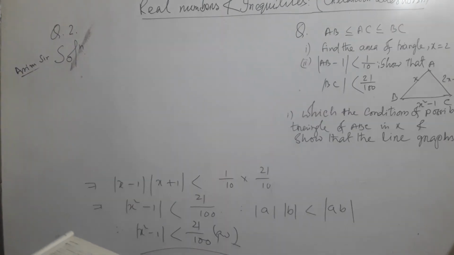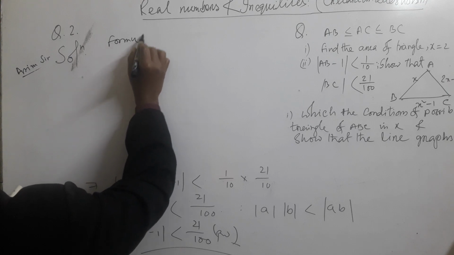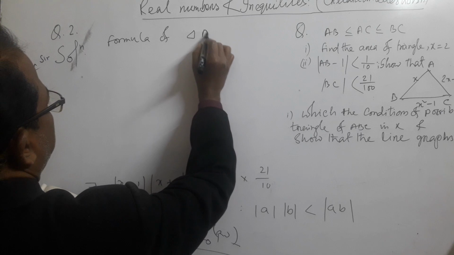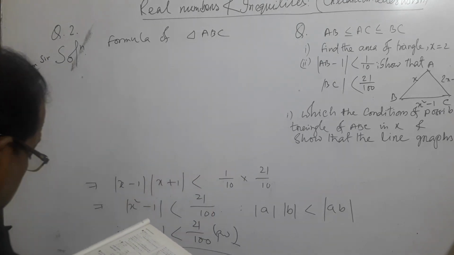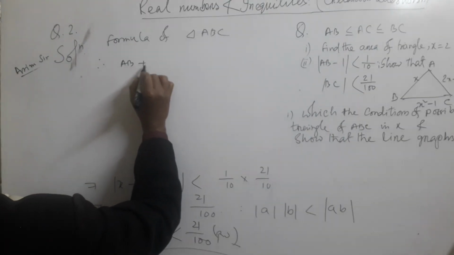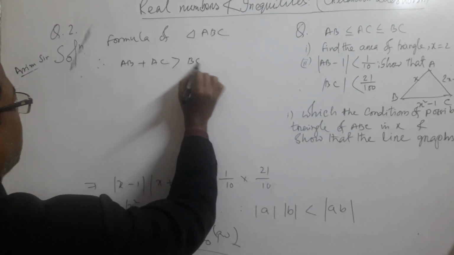So the formula of a triangle ABC: AB plus AC is greater than BC.